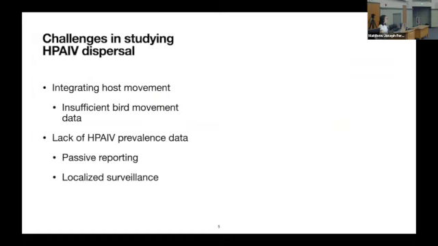The challenges to study this question lie in two aspects. First, it's difficult to integrate host movement, mainly because of insufficient bird movement data, and HPAIV disease prevalence data is also lacking because of passive reporting in wild birds and very localized surveillance.